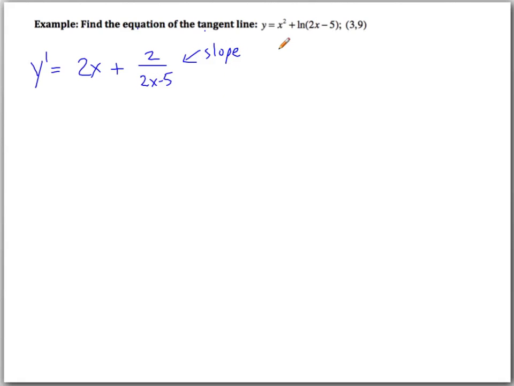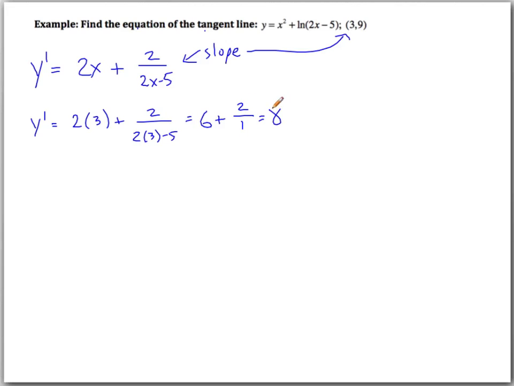And now what we need to do is find the slope at 3, 9. We'll plug in our x value of 3, so 2 times 3 plus 2 over 2 times 3 minus 5, which is going to be 6 plus 2 over 6 minus 5, which is 1, which is 8.